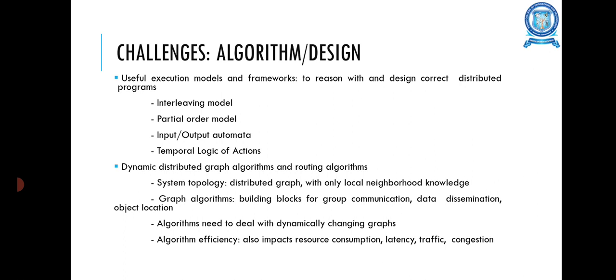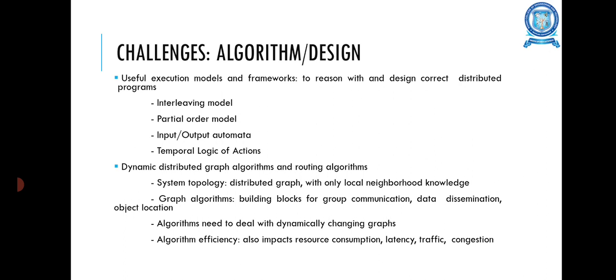Then based on algorithm and design, the following challenges. First one is the useful execution model. That means in modern distributed systems, useful execution models and frameworks are available to reason about the design of correct distributed programs.